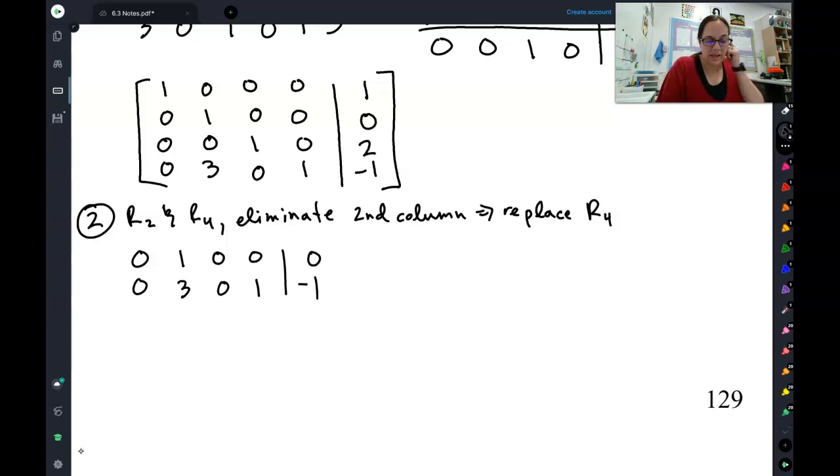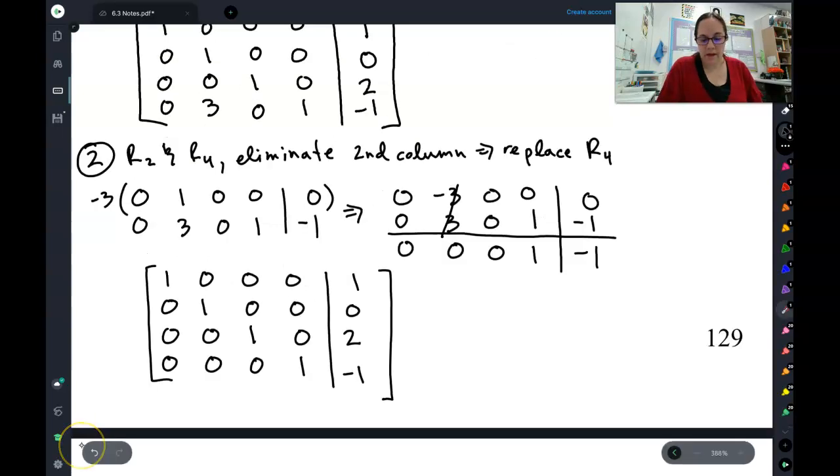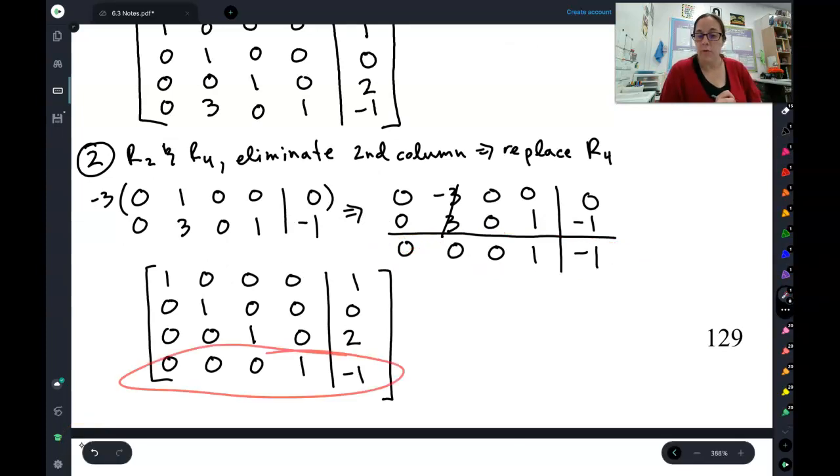Eliminate our second column and then replace our row 4 with that answer. Come back to check your answers when you're ready. I got 0, 0, 0, 1, -1. Put that in place of row 4.